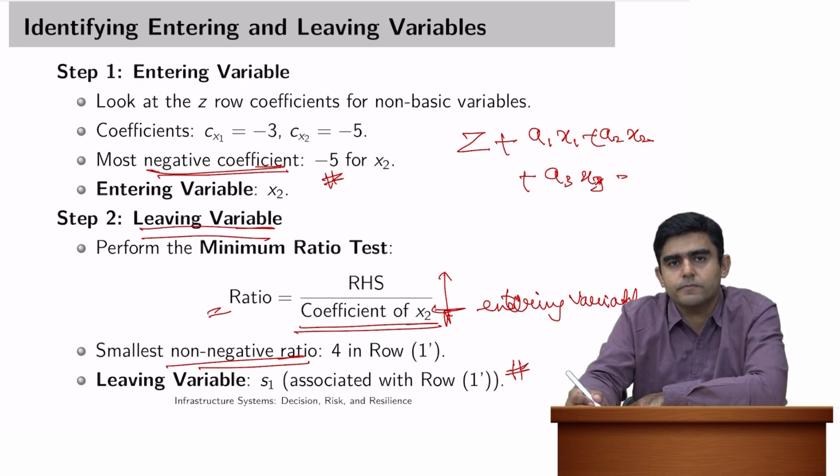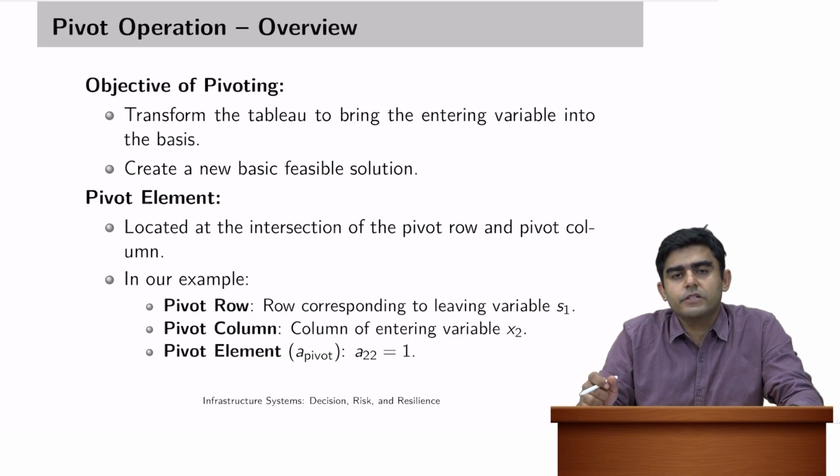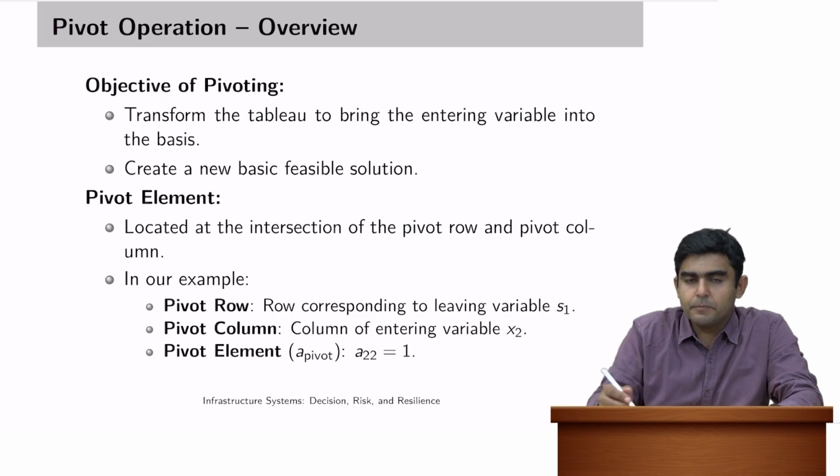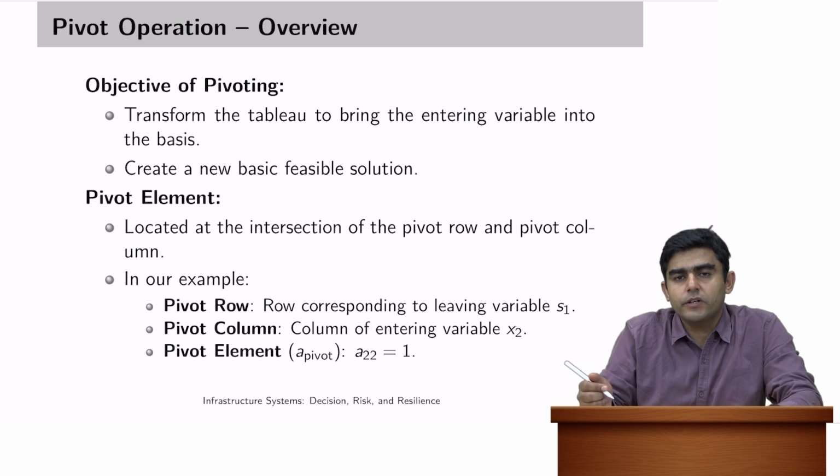Now, as we decide which variable to enter and which variable to leave, what may happen is that in that process our canonical form may get changed because of the entering or leaving of a variable.